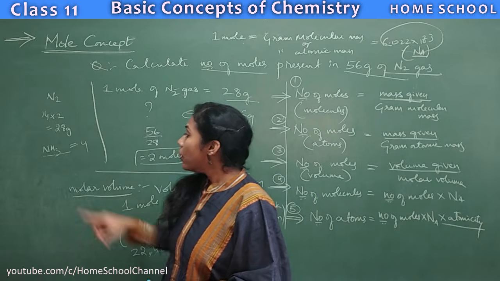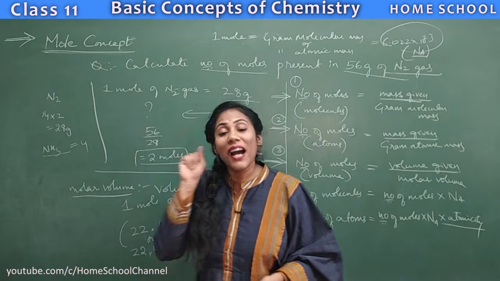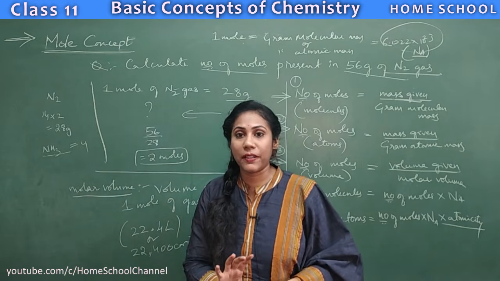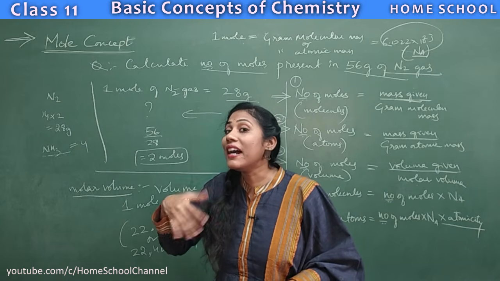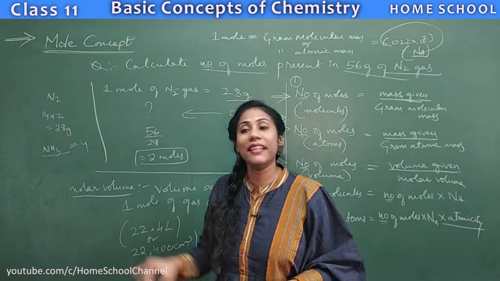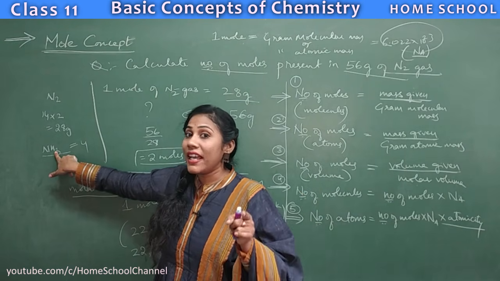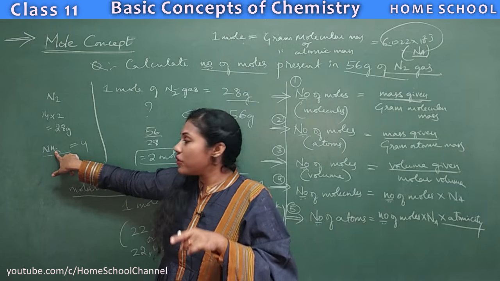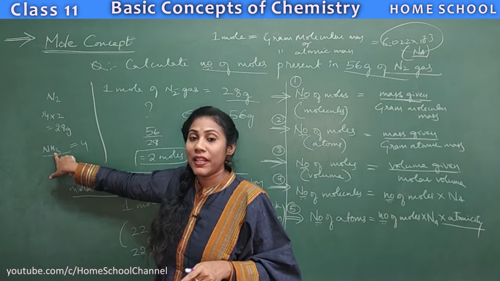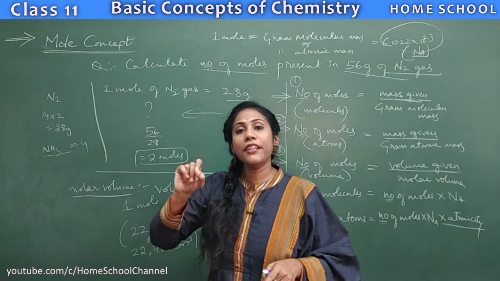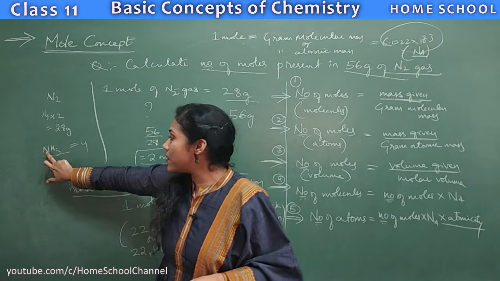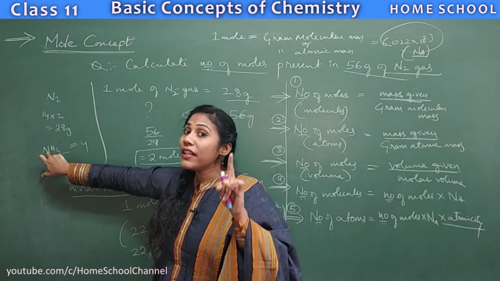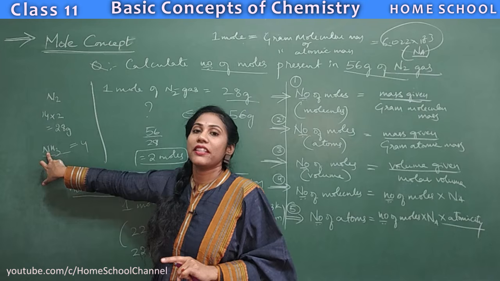If I ask you, what is the atomicity of hydrogen in NH3? That means, how many hydrogen atoms are there in NH3? 3. When I ask you atomicity of hydrogen, your answer is 3. If I ask you atomicity of nitrogen, your answer is 1, because there is only 1 nitrogen atom in NH3.